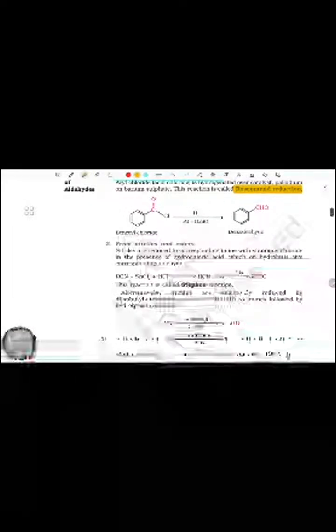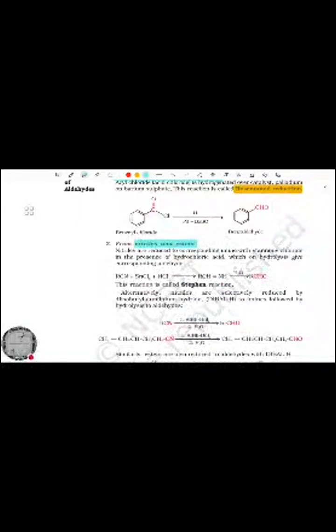So that's Rosenmund reduction. Now from nitriles and esters: nitriles are reduced to the corresponding imine with stannous chloride in presence of hydrochloric acid, which on hydrolysis gives the corresponding aldehyde. A nitrile is basically a C triple bond N group, so we reduce it to its corresponding imine. An imine is a C double bond N group.